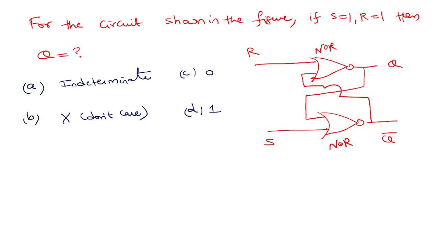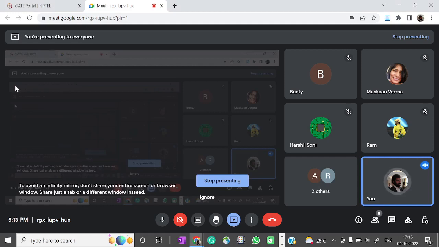Option A. Okay. Then, how many are going for option A? Let me know in your chat box.